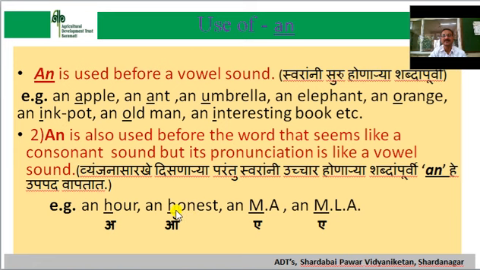Here also H is silent. It seems like a consonant sound but its pronunciation is like a vowel sound. Honest, awe. In the case of MA and MLA, these words start with a consonant letter but their pronunciation begins with a vowel sound. That's why an is used before them.